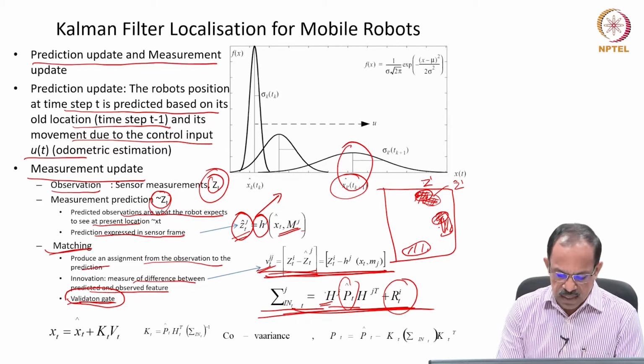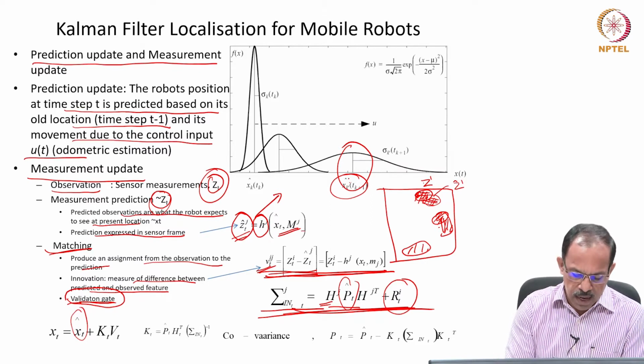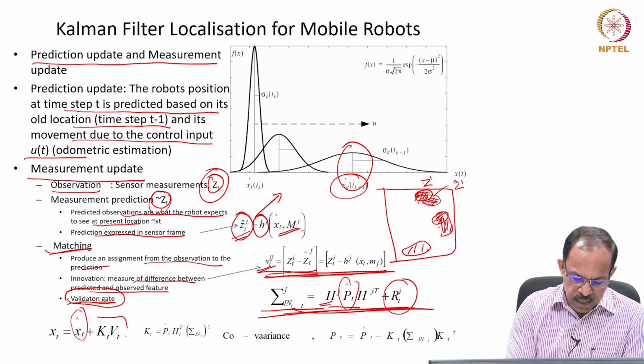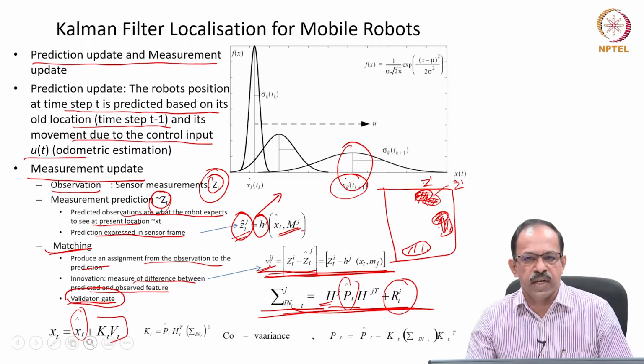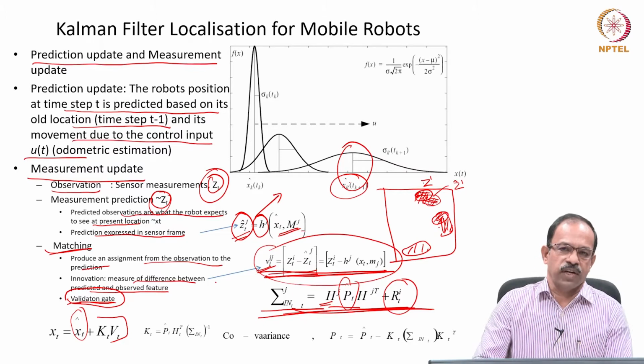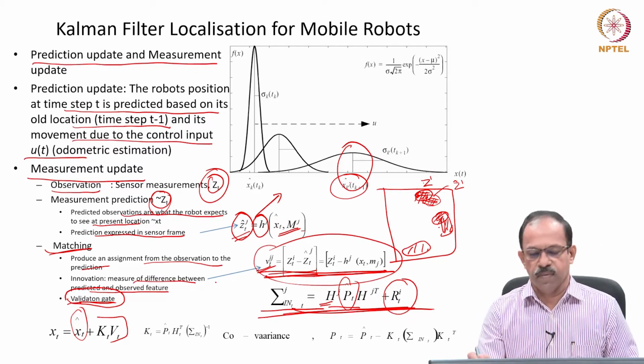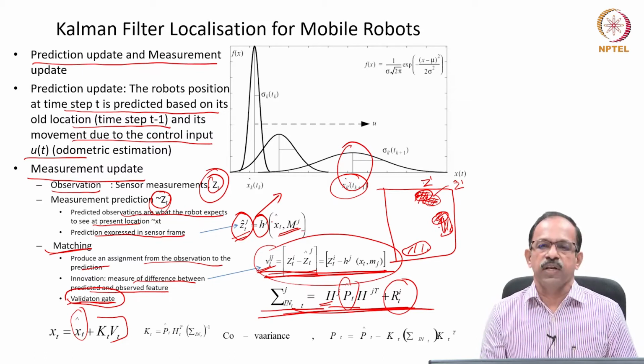And once that is there, we will get the new position xt as xt hat, the current position, plus Kt Vt, where Kt is the Kalman gain and Vt is the innovation. The total innovation calculated from all the objects is what we get as the innovation.